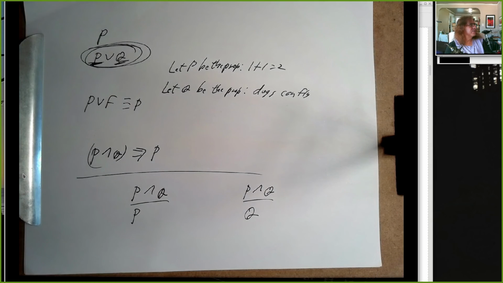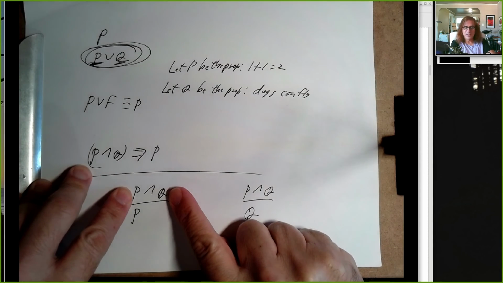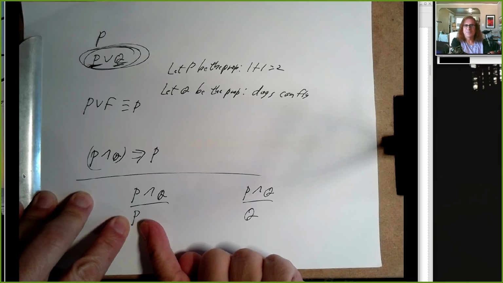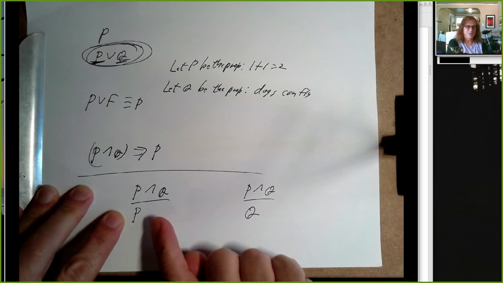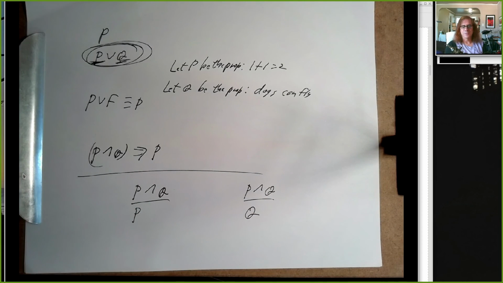And this is absolutely true, because the only way that P and Q can be true is if both P and Q are true. So if we're told P and Q are both true, we can absolutely say, oh, I guess P is true, right? I mean, it's basically the definition of a conjunction being true.